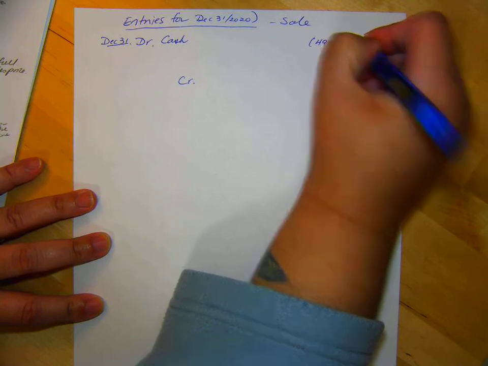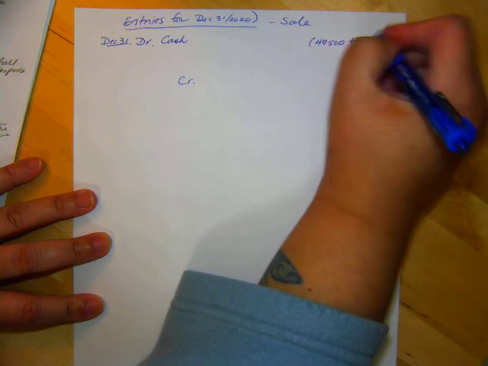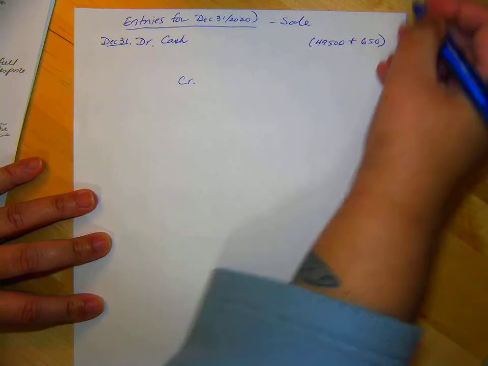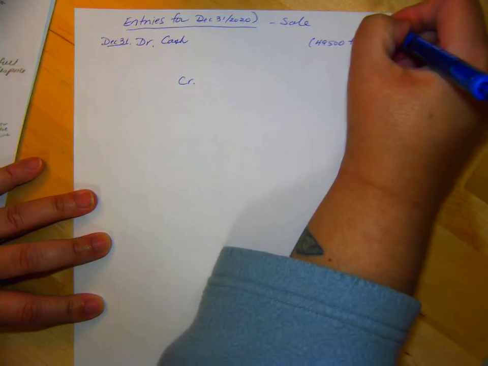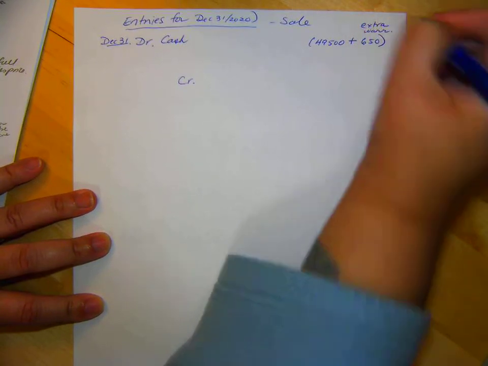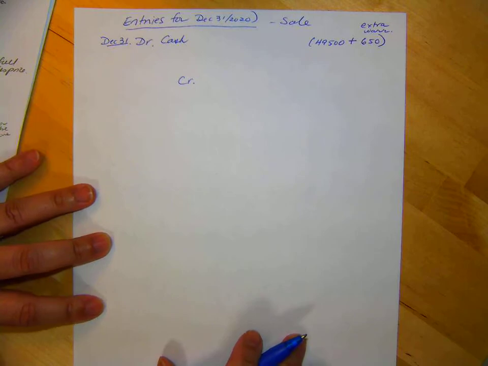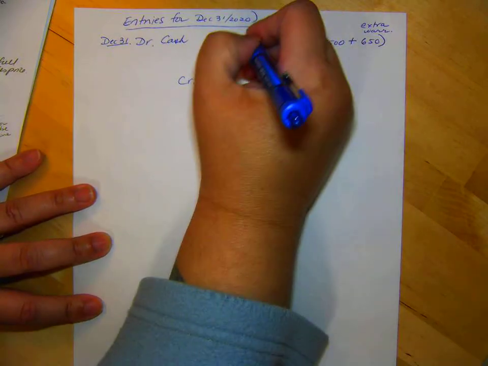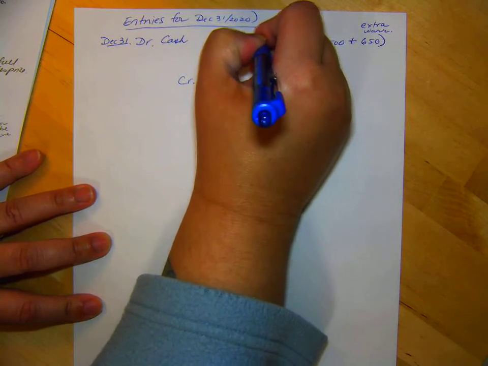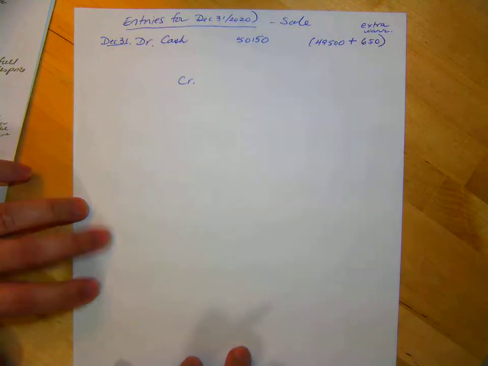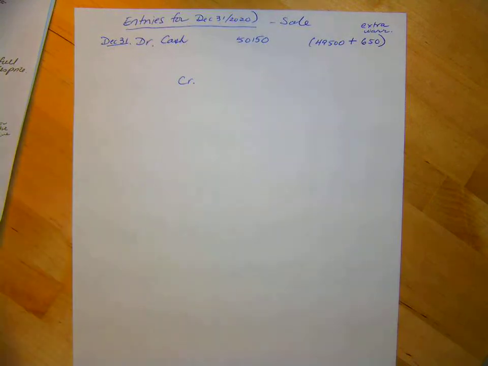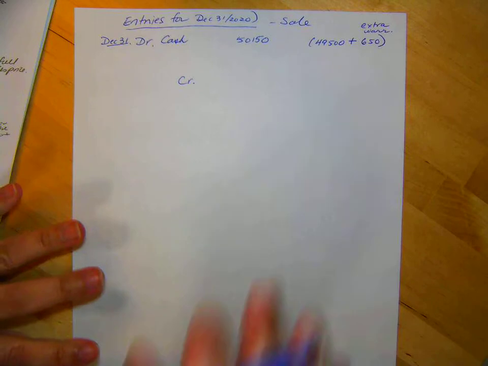And what else are they paying us for? The $650, the extra warranty. The service warranty. So the amount of cash we get is $50,150. Everybody okay with that? Okay.